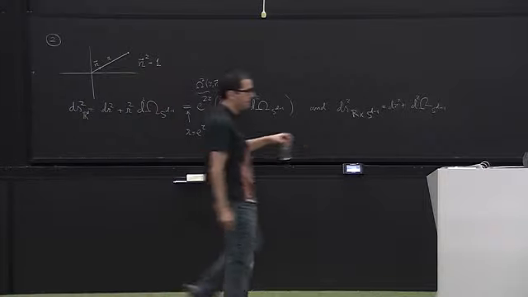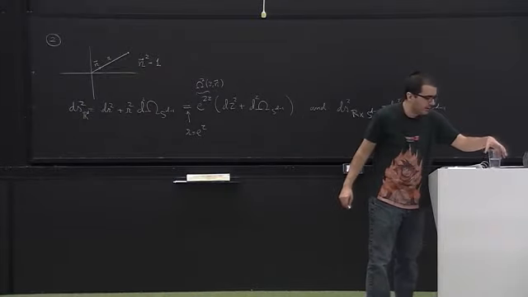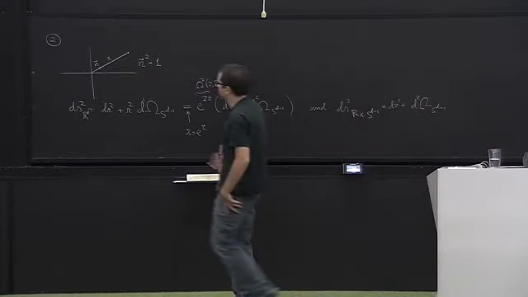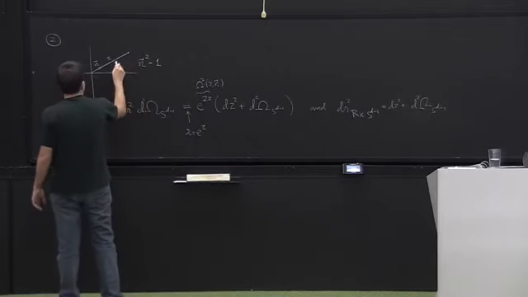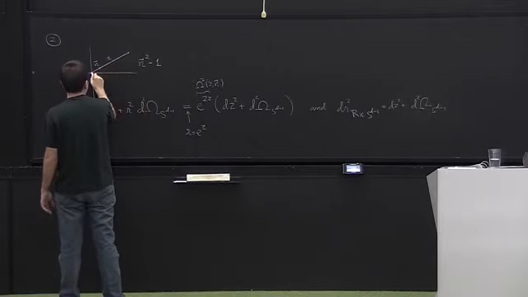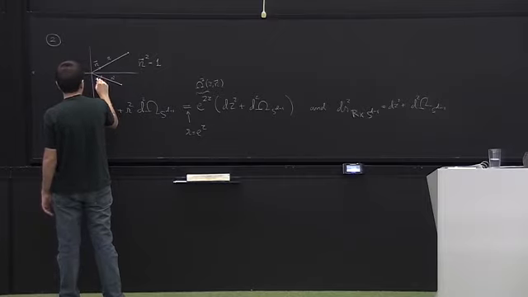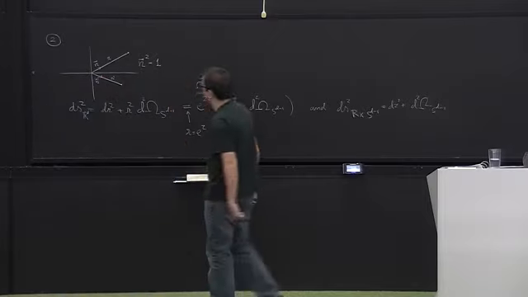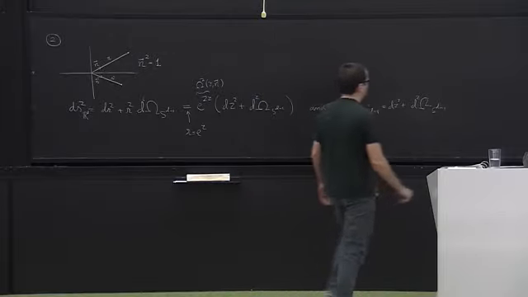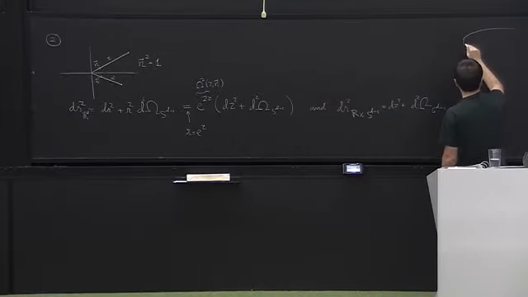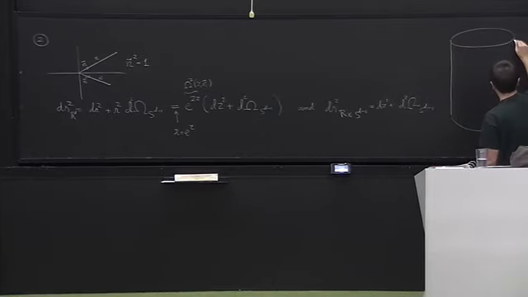Is it okay? So the way this works is if you have a point with some r and n, and you have some other point with some r prime and some other vector n prime, how is it mapped into our cylinder? So let's draw the cylinder here. So this is the sphere, the circle.